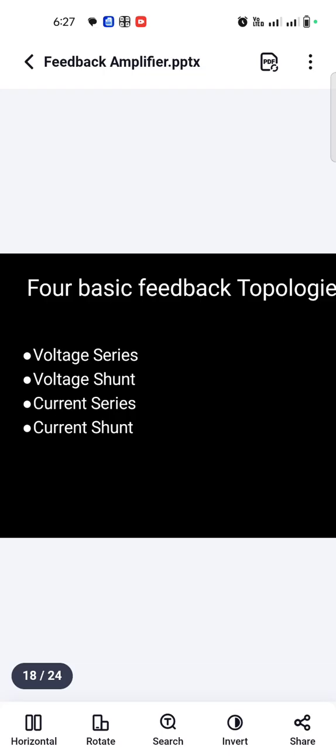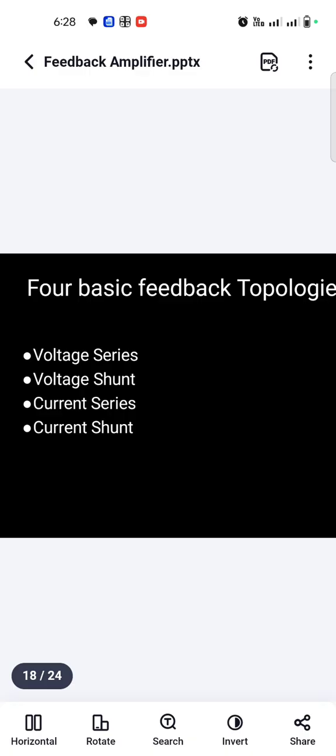For basic feedback topologies, there are four possible configurations of feedback amplifiers based on the sampling and the mixing. What are the types? Voltage series feedback, current series feedback, voltage shunt feedback, and current shunt feedback. These are the four basic feedback topologies.